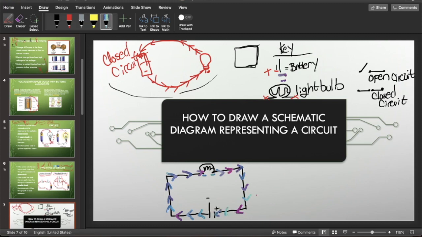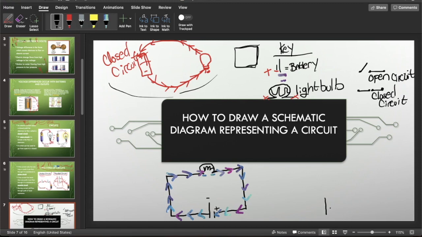So let's just say that we want to make this slightly more complicated, and we wanted to throw in that it is an open circuit. So all you need to do is just add your open circuit.